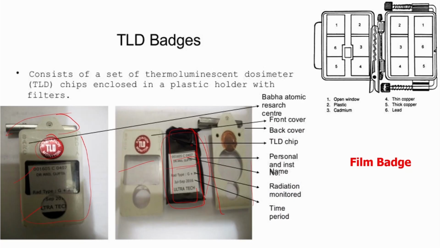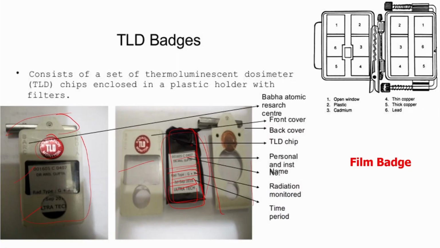Then the name of the person, the name of the institution, and most important, the type of radiation, because your TLD badge is able to record dose from gamma radiation and X-rays. So it is written here G plus X, and the quarterly is the service of which quarter. Here it will mention the quarter of service, July to September, January to March, and the name of the laboratory. This is the Ultratech Laboratories. That is the name of the laboratory. So this is the simple overview of a TLD badge.